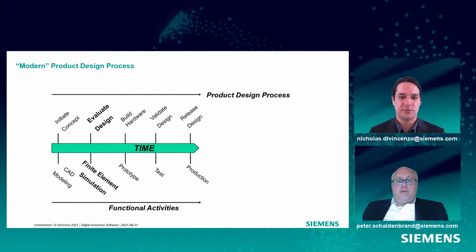Or some companies want to even get to the point where they don't even build the hardware, they go right to production. Or you might build one prototype and sign off on it. So the idea is to take a lot less time in the development of a product by using simulation. Kind of make sense so far? Mm-hmm.